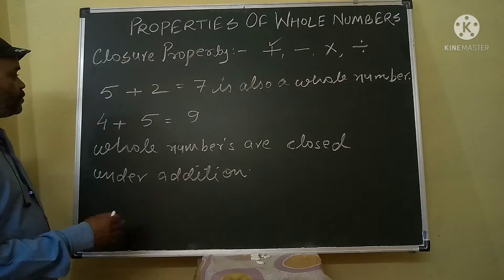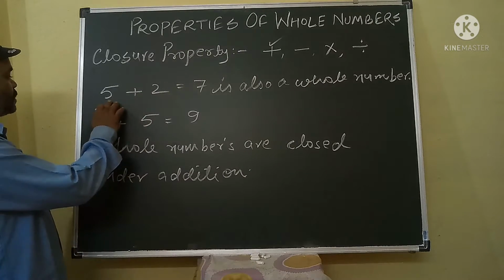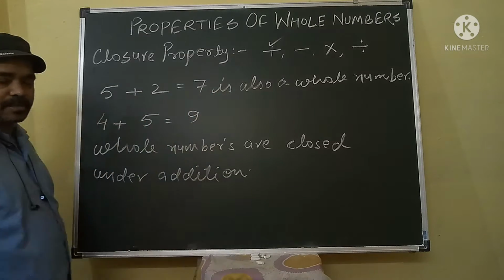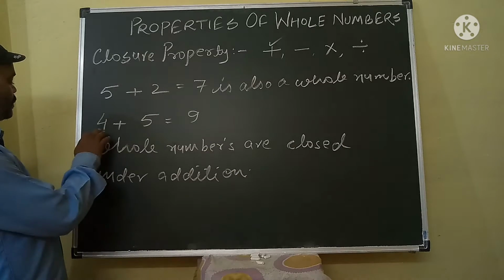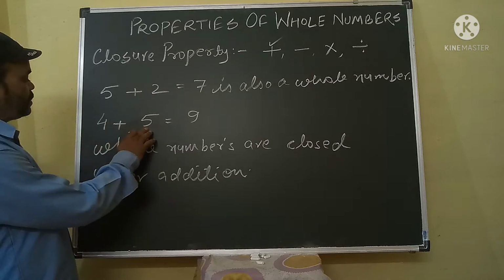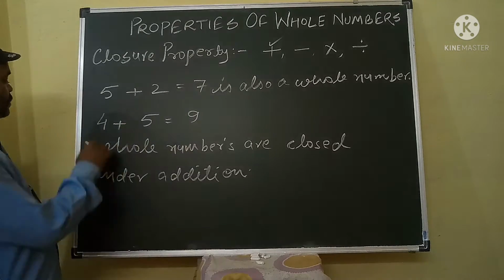So what did you notice? The sum of two whole numbers is also a whole number. In the second example, as you are looking, 4 is a whole number and 5 is a whole number. After adding you will get 9.